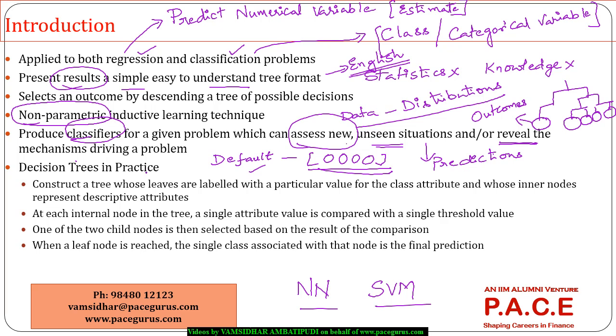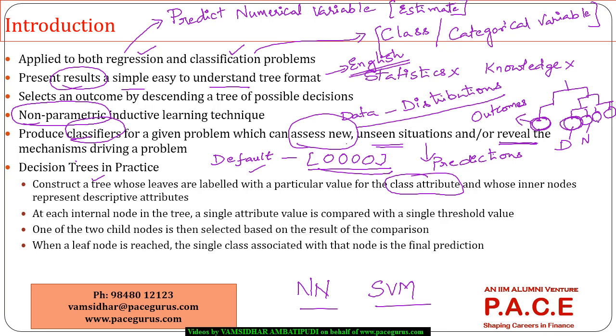In practice, we generally construct a tree, and the leaves, these are what we are calling the leaves. In the leaf, we are getting a particular class attribute, especially when we are talking about a classification tree. So each of these leaf attributes will get a class. So this is default.